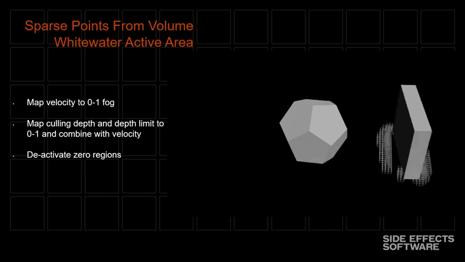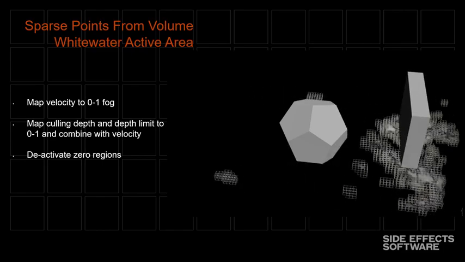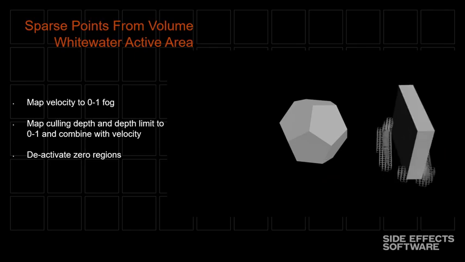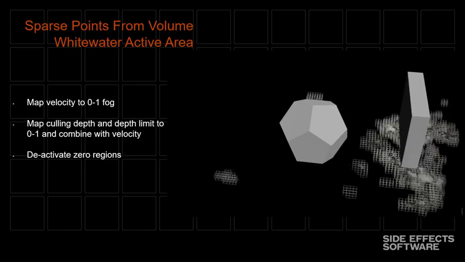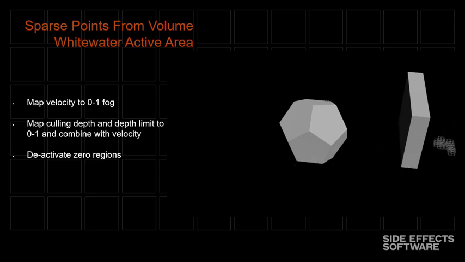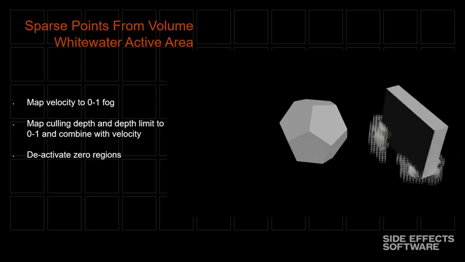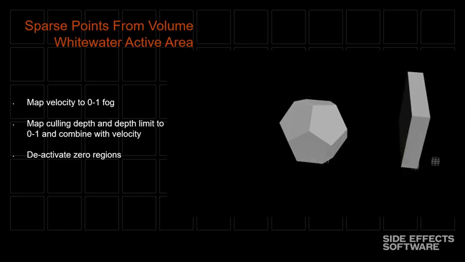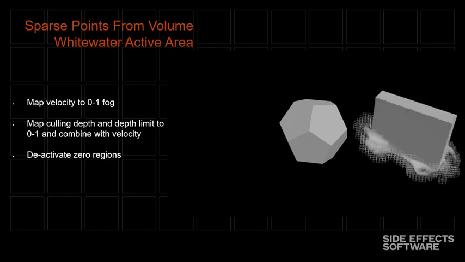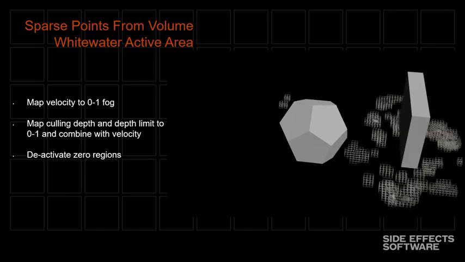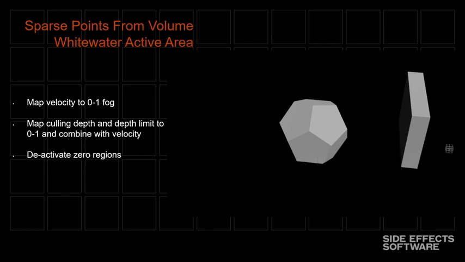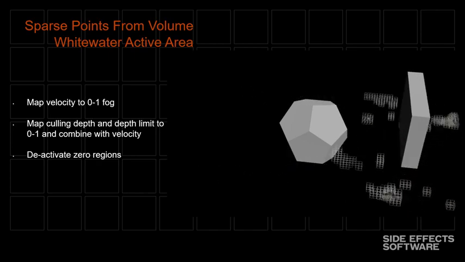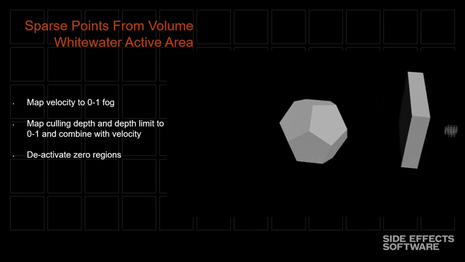A VDB has the concept of what part of a volume is actually active, where there is actual data that we care about. So by mapping that first level criteria from 0 to 1, we're setting up a set of active areas within the fluid that could potentially have whitewater emitted. And so even though we're looking at areas that are deep within the surface, even though we don't have any particles there, we can seed into just these active areas very efficiently and use them as the candidate particles for then sampling the further emission criteria.